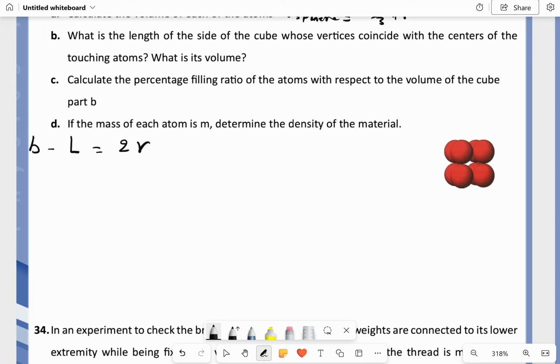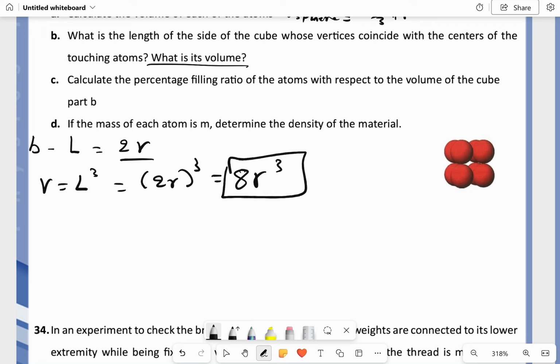Volume is length multiplied by length multiplied by length, so length cubed. You have 2r all to the power of 3, then you have 8r cubed. This is the final result.